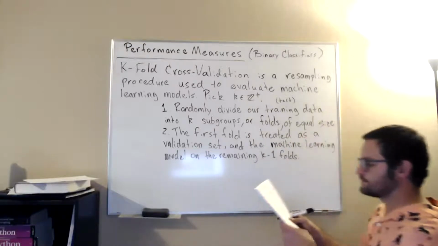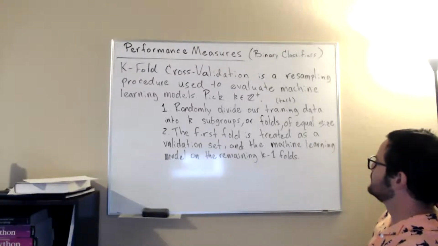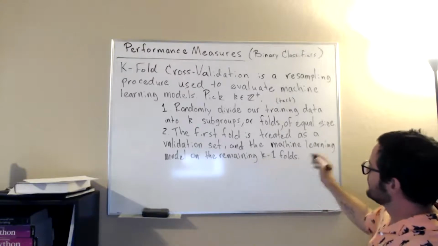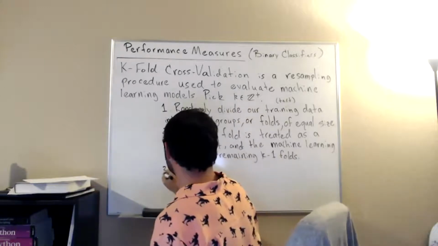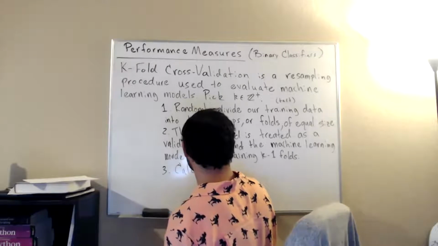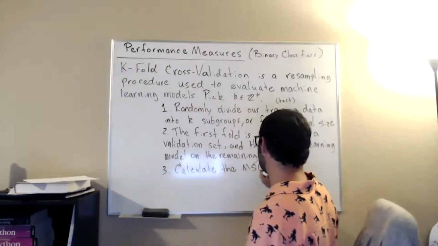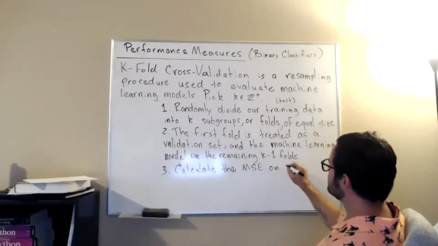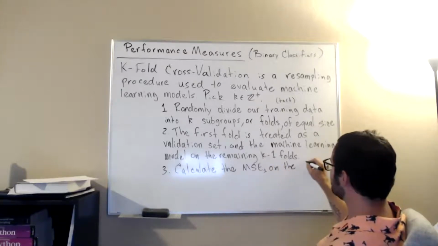Then, after the model is fit to the remaining folds, calculate the mean squared error, mean squared error of 1, on the first fold.